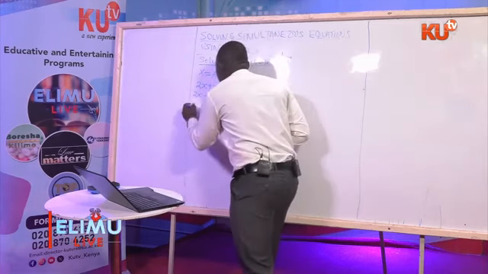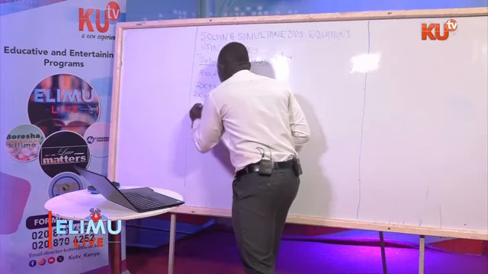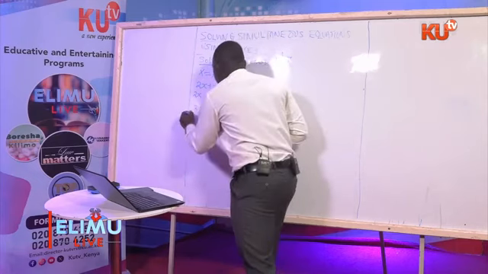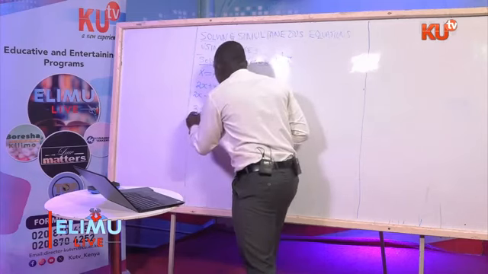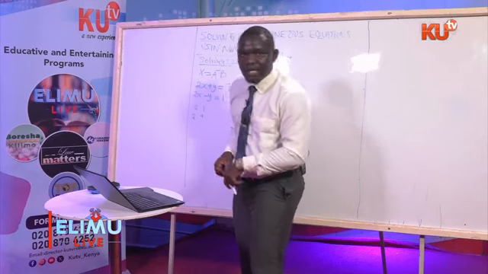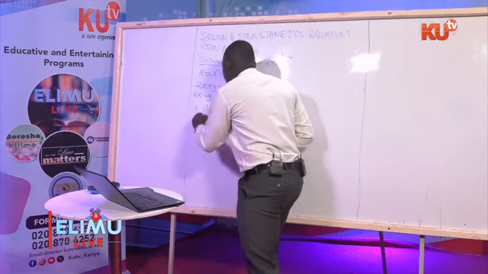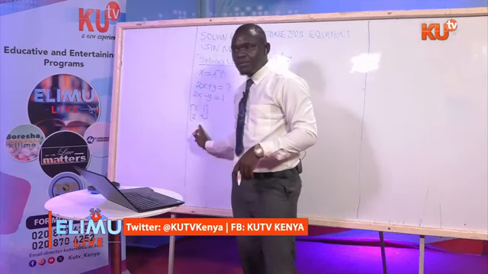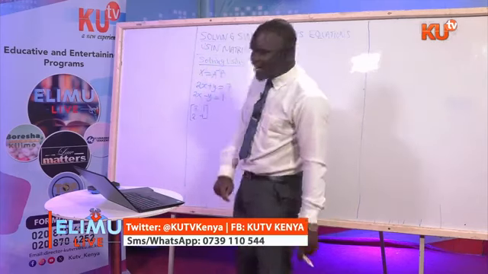The coefficients for equation 1 will be 2, 1. For equation 2, its coefficients are 2 and negative 1, like that, dear learners. You wrap these in one matrix like that.